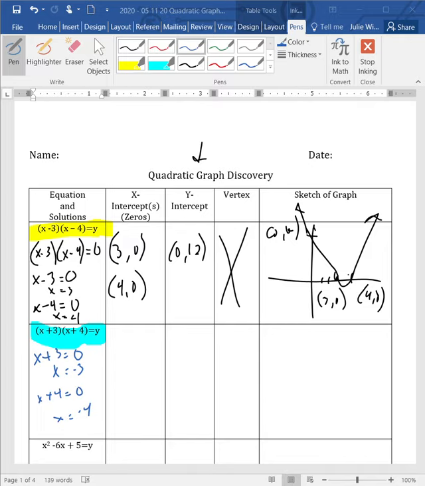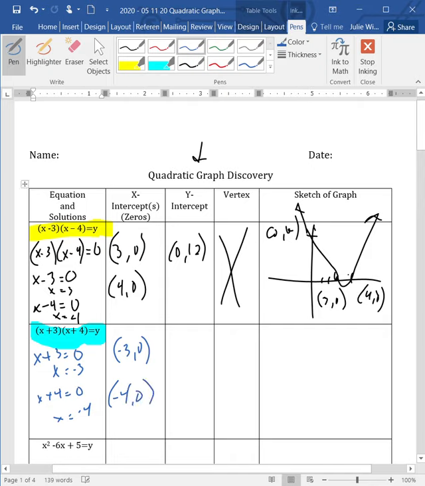All right, and let's hover over, because again, this graphic organizer that I created here asks for the x-intercepts, or the zeros, or the solutions, roots, all those things. Same thing. One of my x-intercepts is at -3, 0, and my other one is at -4, 0, and I'll hover over that.